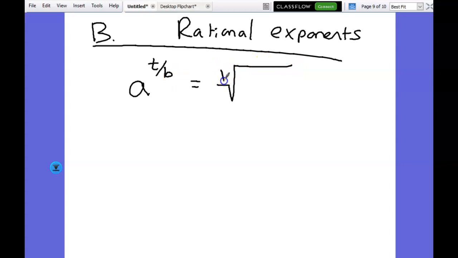The b tells you what kind of root you're taking. The t is your exponent. And a is what's having all this stuff done to it. Okay? You should be writing this.